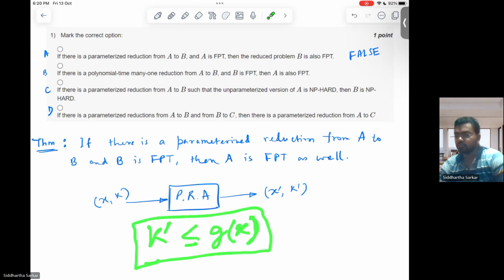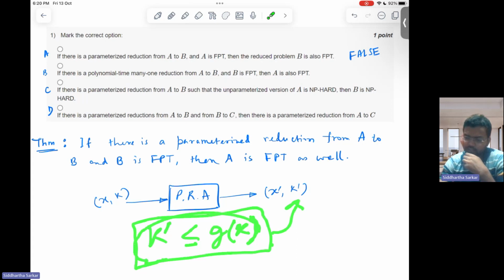So although the many one reduction may produce an equivalent instance of B, such additional constraints, that the parameter is bounded by a function of k, may not be respected.